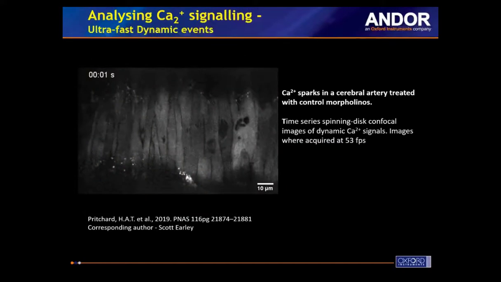But if you want to acquire very fast events, such as calcium imaging, you can also use the Dragonfly, acquiring images, for example, at 53 frames per second. And with the Dragonfly, you can acquire dynamic events up to 400 frames per second.